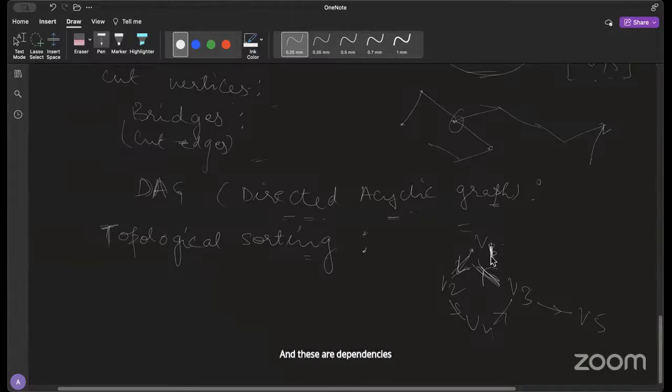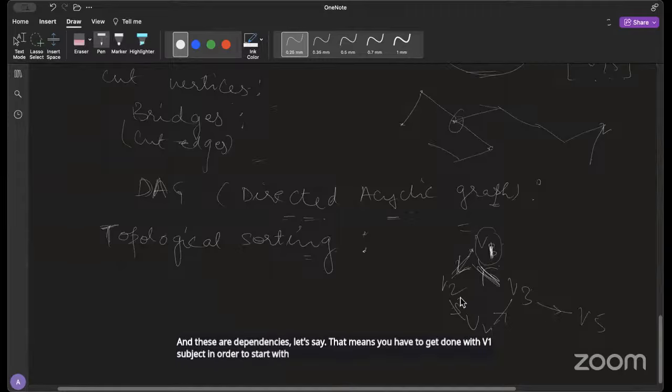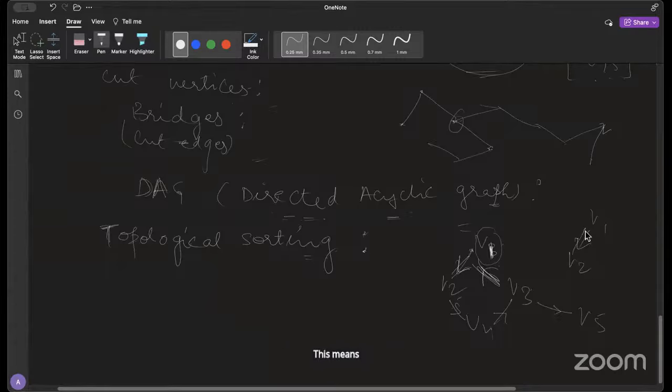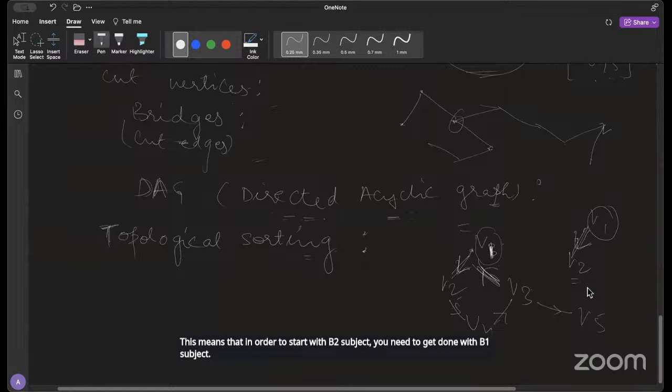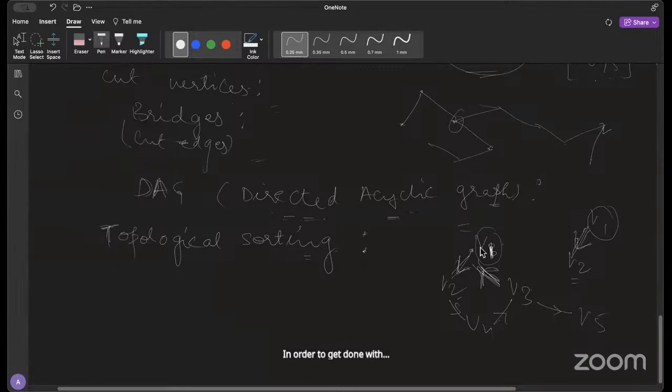That means you have to get done with V1 subject in order to start with V2 subject. This arrow, V1 to V2, means that in order to start with V2 subject, you need to get done with V1 subject. In order to get done with V1 subject, you need to get done with V3. And in order to get done with V4, you need to get done with V2.